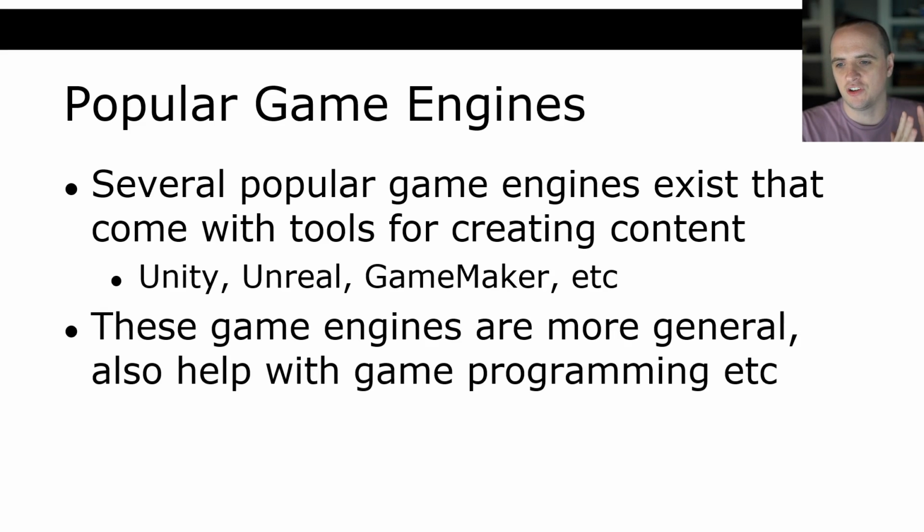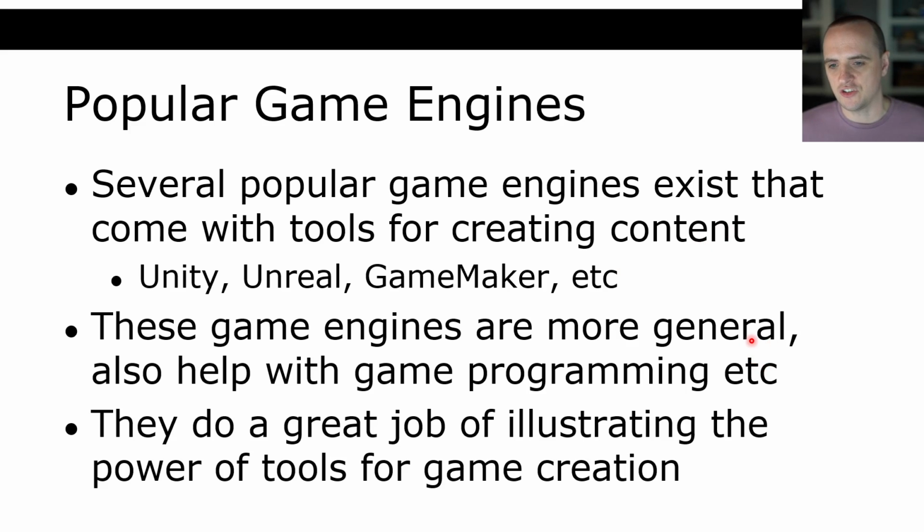These game engines are more general, so what I mean by that is they help you make the entire game. This course, however, is all about game programming, so we're not just using an editor. That would be cheating, right? We want to create our own game engine. But these engines do a great job of illustrating the power of tools for game creation.